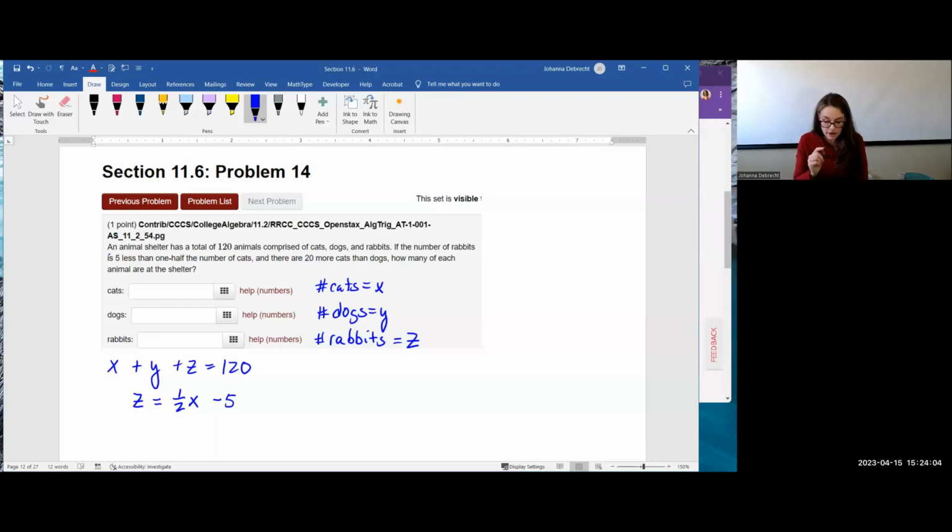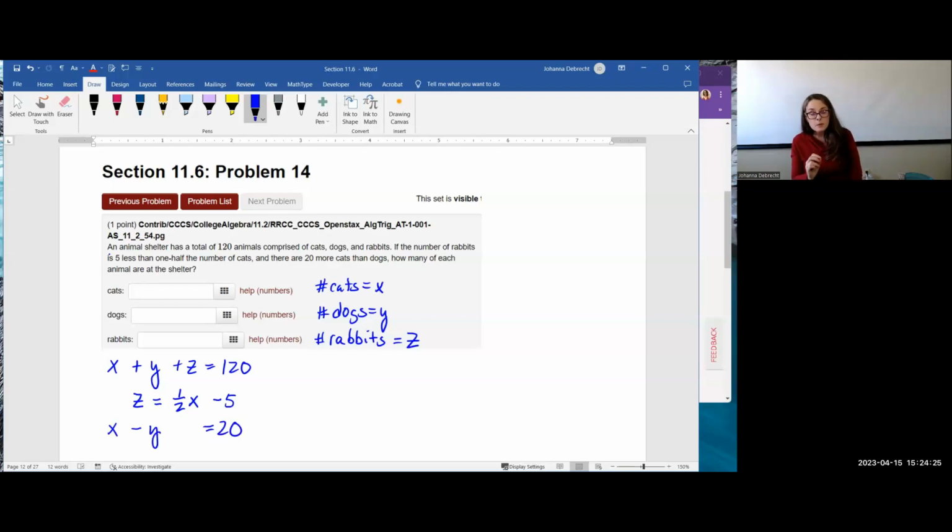And there are 20 more cats than dogs. So if I take cats and I subtract dogs, I should get 20 because there are more cats than dogs. So that would be x minus y equals 20.